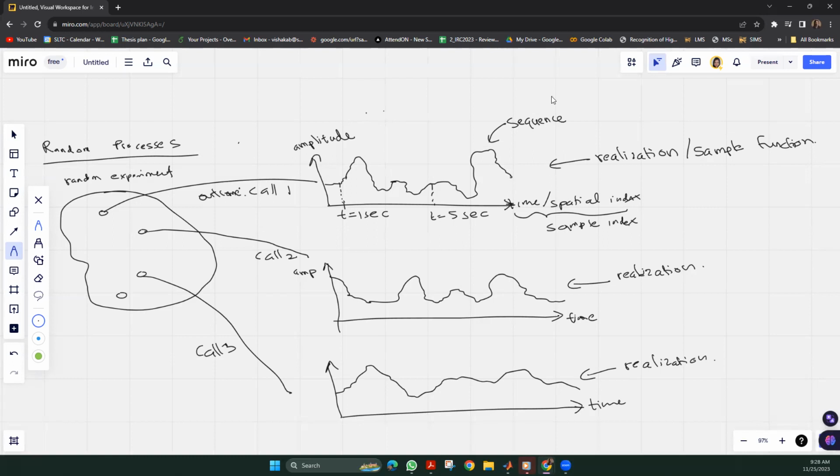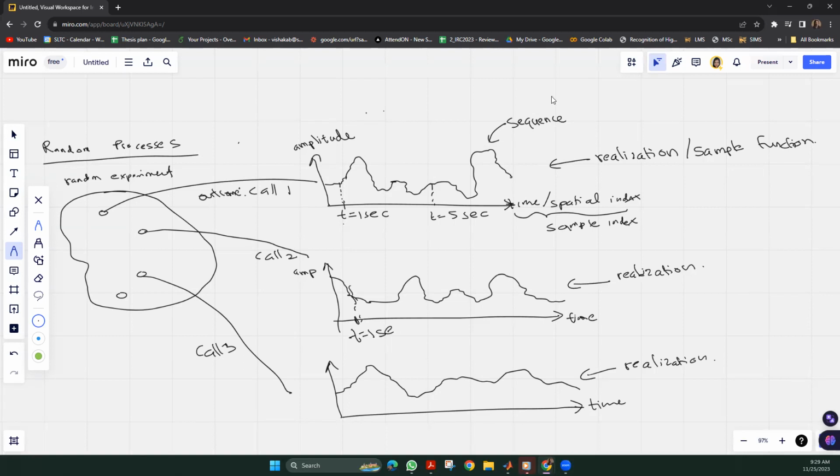If the x-axis is time, we can consider a specific time instance, for example, a time instance of 1 second. For each of the plots, we are considering time 1 second, and in that instance, we are going to measure the amplitude that we receive at t equals 1 second.